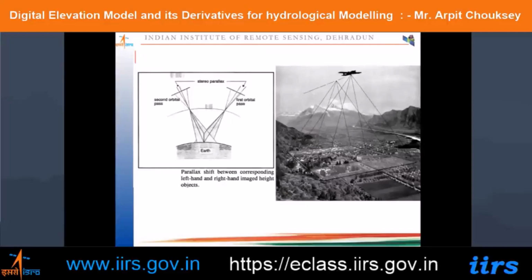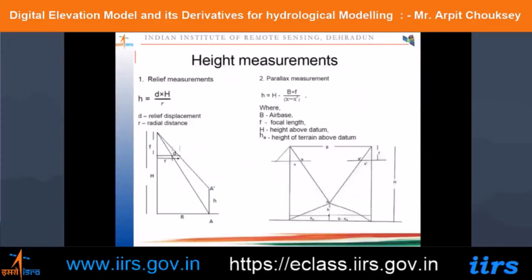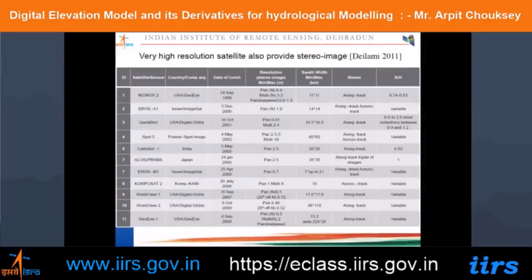A transmit antenna illuminates the terrain with a radar beam which is scattered by the surface, and two receiving antennas with a fixed separation between them, called the baseline, record the backscattered radar echo from slightly different positions. This I have already explained. There is also a mathematical formulation behind this, and the height of the terrain at any point of the Earth can be estimated using the above formulation.